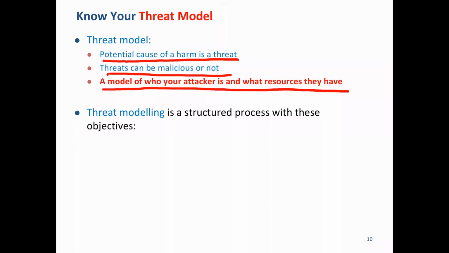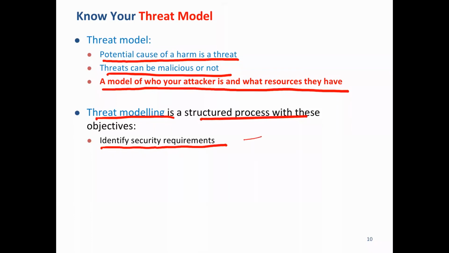Okay. So threat modeling is a structured process with the following objectives. First thing first is to identify your security requirements. You'll have to think what your security requirements are. For example, when you stay in a hostel here in IIT Mandi, your security requirements would be very different because the most expensive asset you may have is your mobile phone or maybe laptop, right?